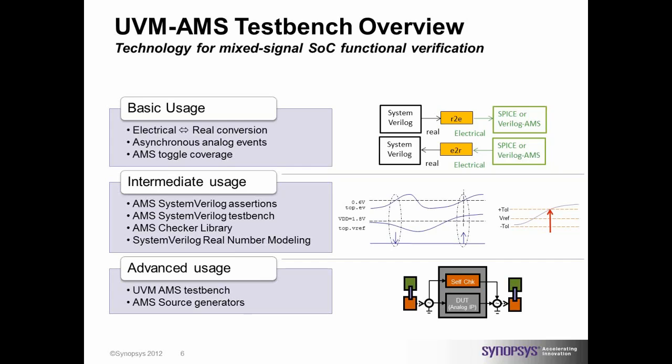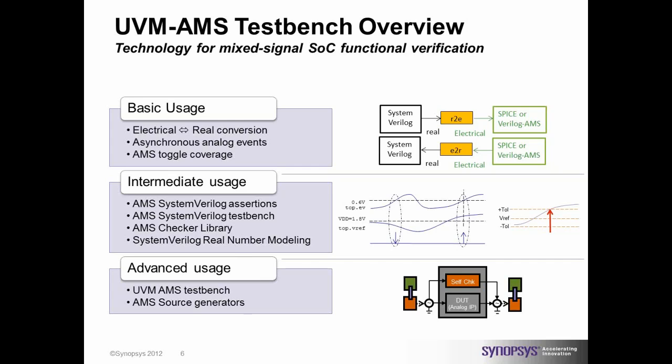If we are able to map these two, then most of the functionality of driving a node and sampling a node for monitoring or coverage purposes can be achieved very easily. So that is the first and basic usage of this testbench: to have an environment with SPICE components and a SystemVerilog testbench sitting together and talking to each other via the electrical-to-real conversion and vice versa.